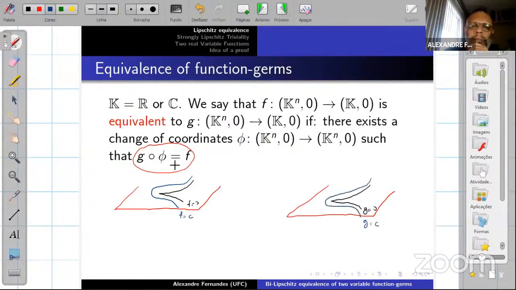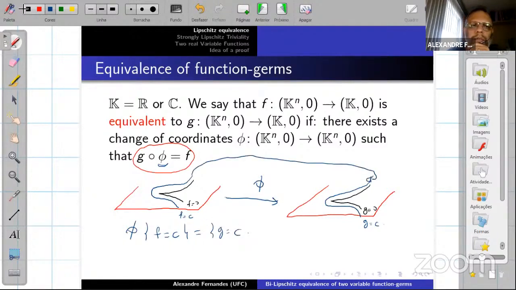So my map phi is a map from here to here, such that phi sends the level set c of the function f to the level set c of the function g. This level set goes to this level set. In particular, the special fiber goes to the special fiber.